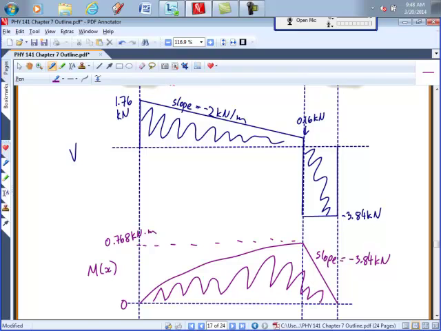You can probably guess by the fact that I'm shading in the moment diagram that there's another one. Well, actually, there's another two. The other two are not actually part of this course.